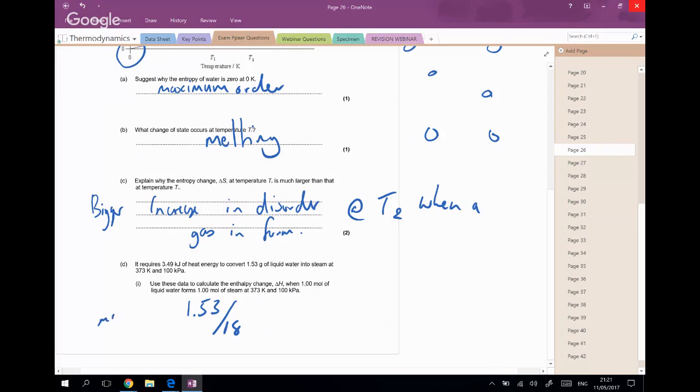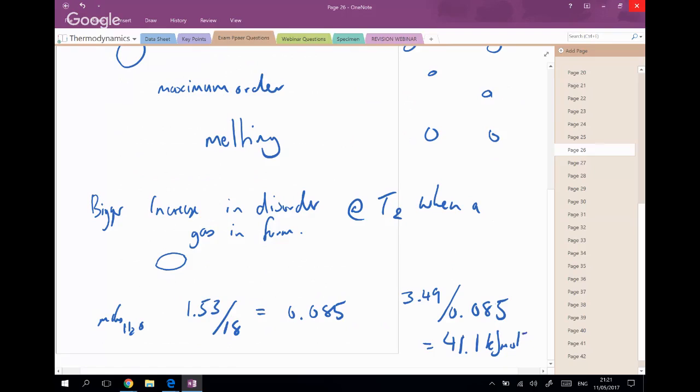So the moles of H2O is equal to 0.085, and the heat change per mole, which we're given here in kilojoules, is going to be 3.49 kilojoules divided by the number of moles, which is 0.085, giving us a value here of 41.1 kilojoules per mole for this question.